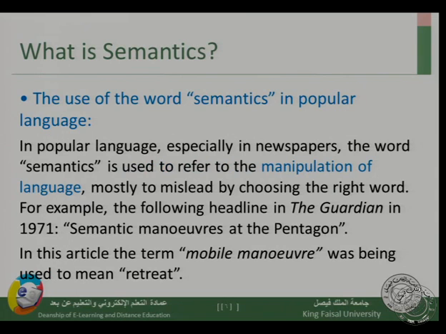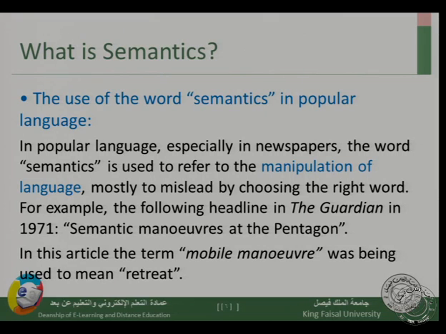Semantics is also used in popular language. It is used in newspapers, but the use is different from what we use it as linguists. So in popular language, especially in newspapers, the word semantics is used to refer to the manipulation of language. So you use a word instead of another word to manipulate the reader or the listener.